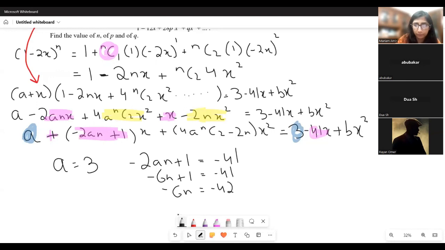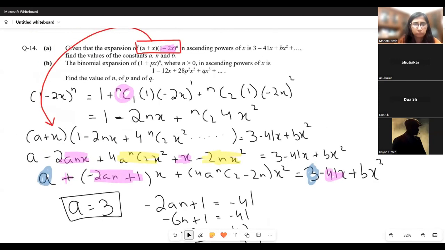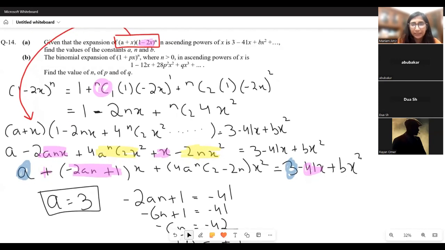That is going to be n equals 7. Yes, that is correct. A is 3, n is 7, and what is left? We need B now.